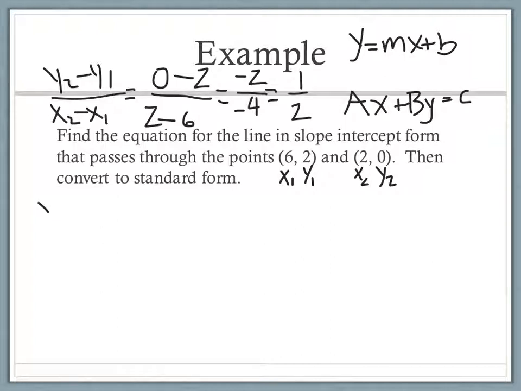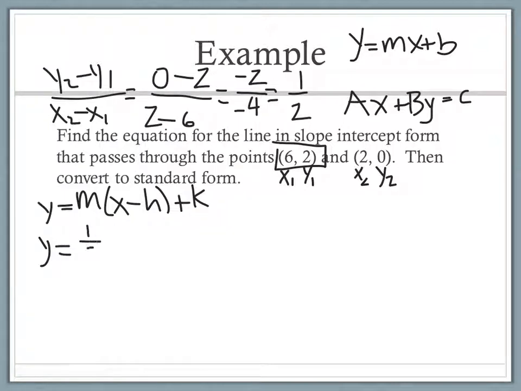So I'm going to put it into point-slope form, which is y equals m times (x minus h) plus k, just like we just did. For this one, I'm going to pick this first point just to show you that it really doesn't matter what point we pick. So y equals our m, which is 1/2, times (x minus h), remember x is our h term, so minus 6.